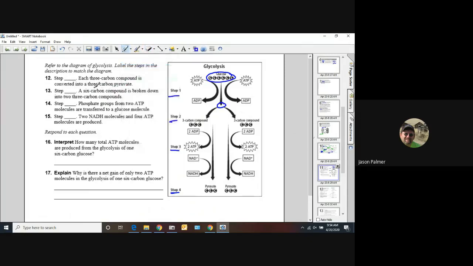All right. 3-carbon pyruvate. So pyruvate's clear down here. All right, I was missing that. So that's step 4. Let's just do step 1 because you got a 6-carbon.